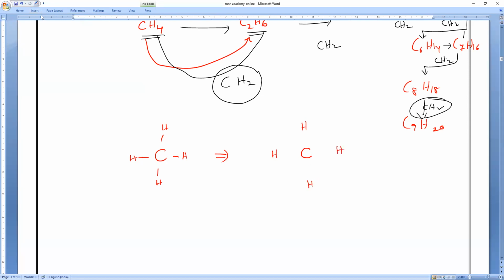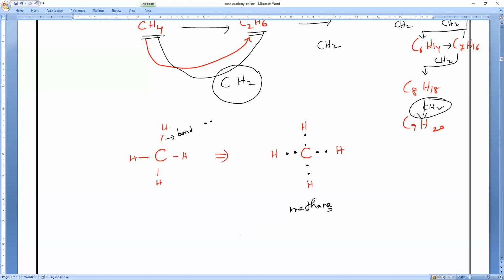So I said a single line means how many electrons? A pair of electrons. That's all. This is indicating a bond, so one bond indicates one pair of electrons. If I replace it, that's all. This is the electron dot structure of methane.